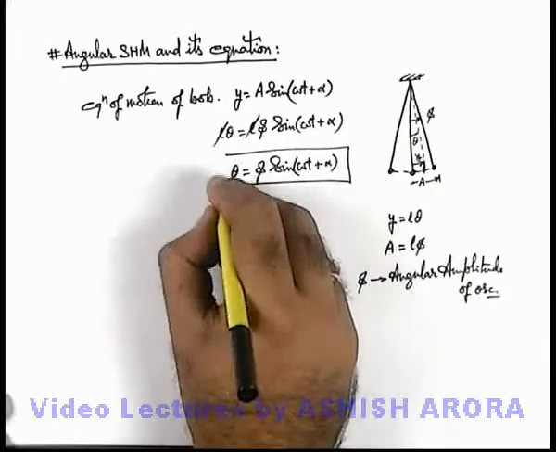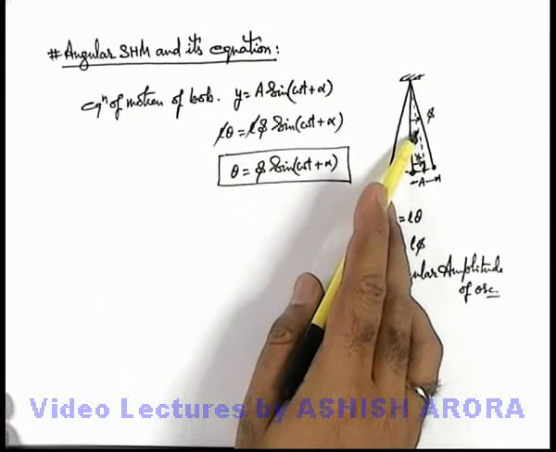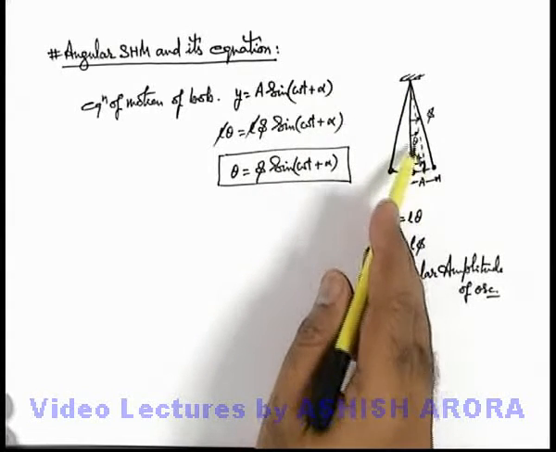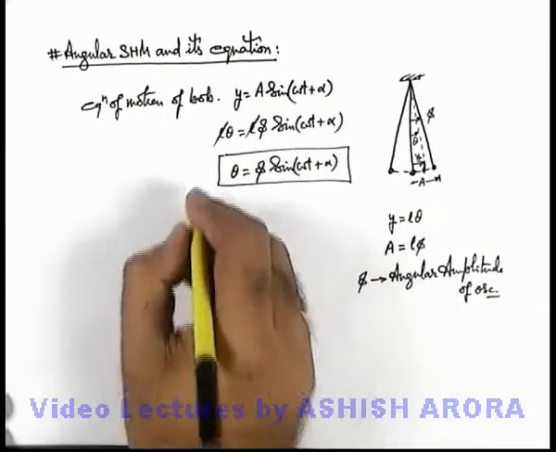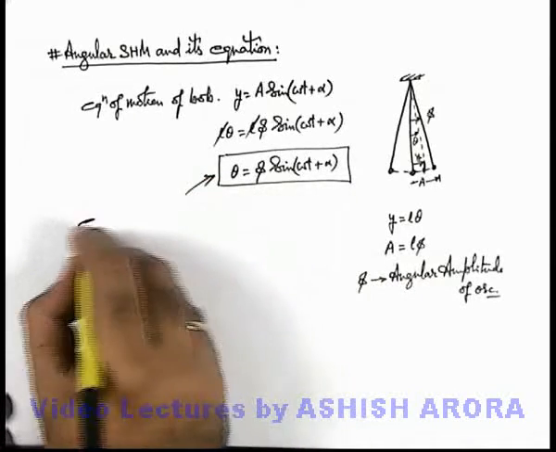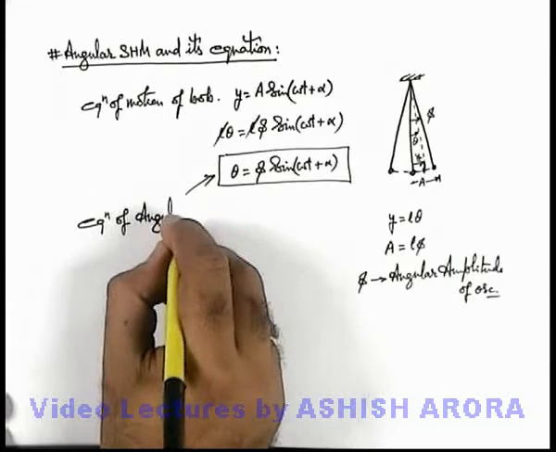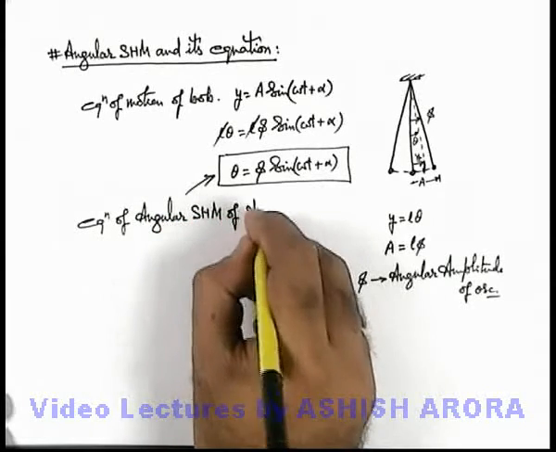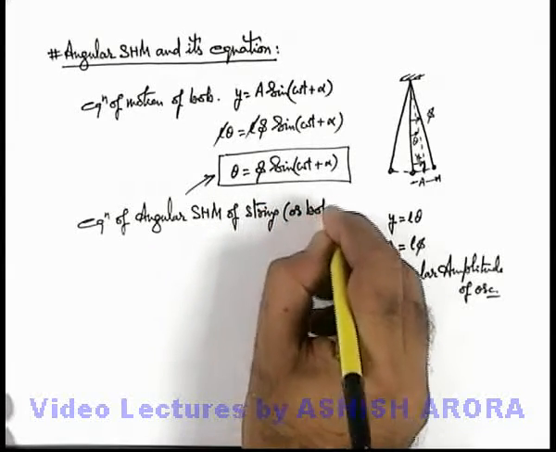This is the equation which is giving us the angular displacement of a string, or even with respect to suspension point it can be written as angular displacement of bob as a function of time. This equation we call equation of angular SHM of a string, or even we can also use this for bob.